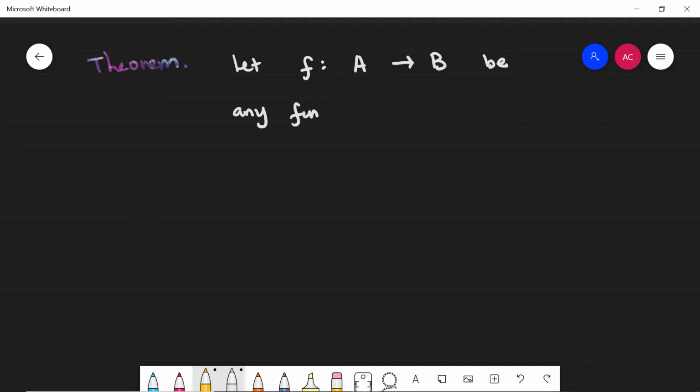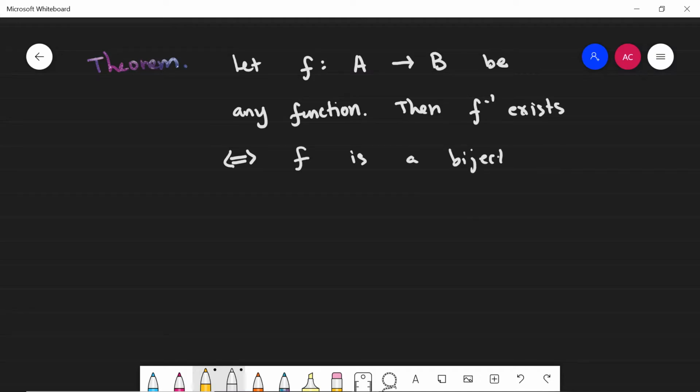It's any function in the world. Now, the statement is that f inverse exists if and only if f is a bijection.